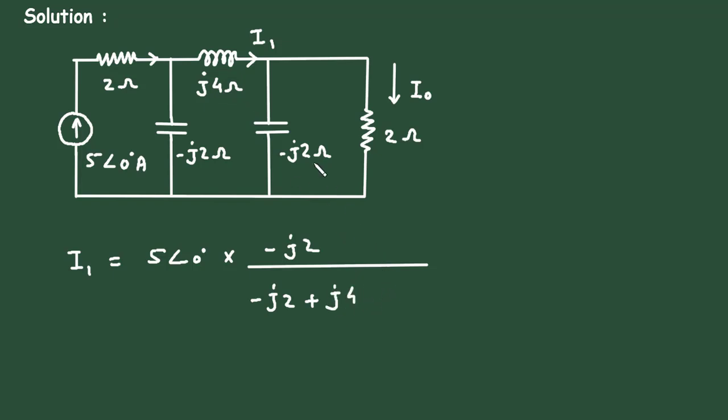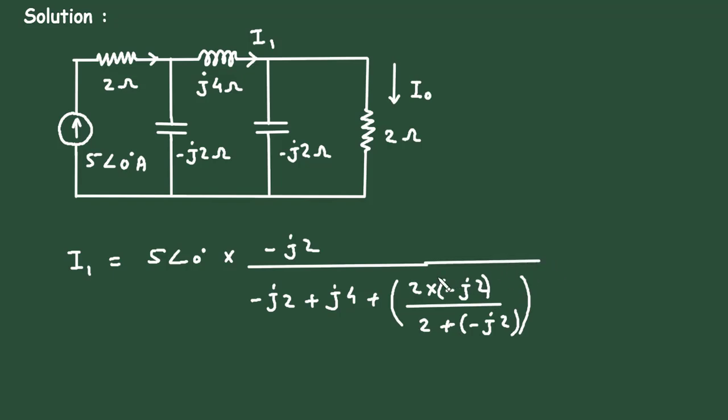Here, this is connected in series, but they are connected in parallel. So, it will be like this: 2 into minus J2 divided by 2 plus minus J2, in bracket close. So, this will be the value of current I1.